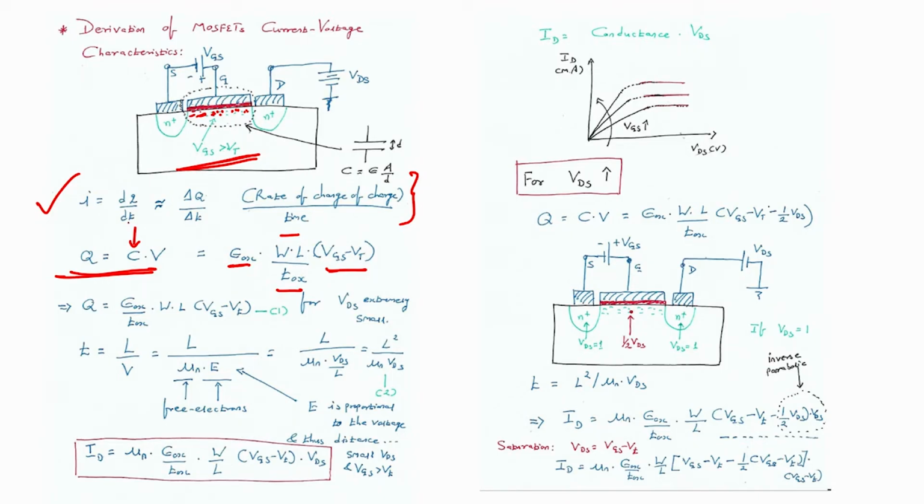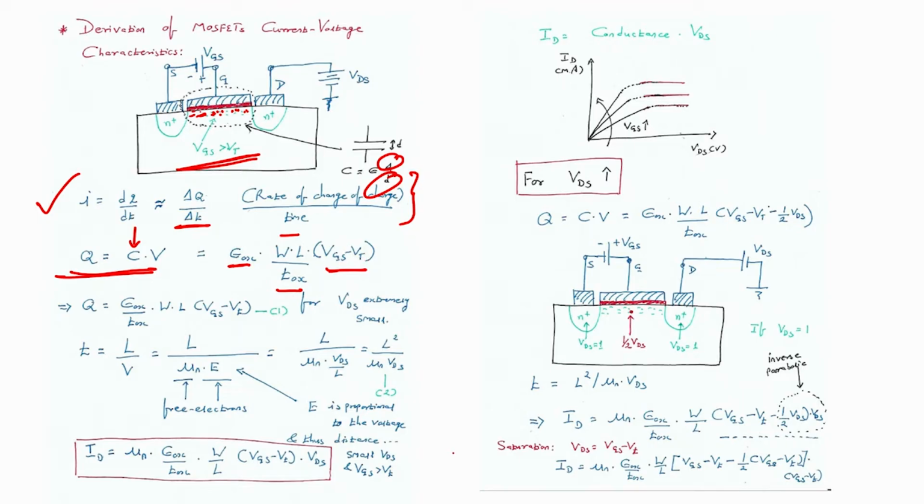Again, I equals dq by dt, or delta q by delta t, the rate of change of charge with time. Now, q is C into V, where C is the capacitance, epsilon naught A by D, and A by D can be written as width into length by T oxide, into VGS minus VT.